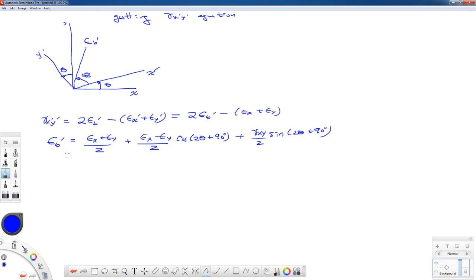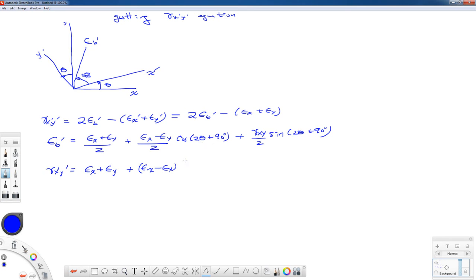Alright, so let's go back to my epsilon x prime y prime equation. I know it's 2 times this epsilon b prime, so I'm going to multiply all these terms by 2. And so I have epsilon x plus epsilon y, plus the quantity epsilon x minus epsilon y. Here I have the cosine of 2 theta plus 90 degrees.